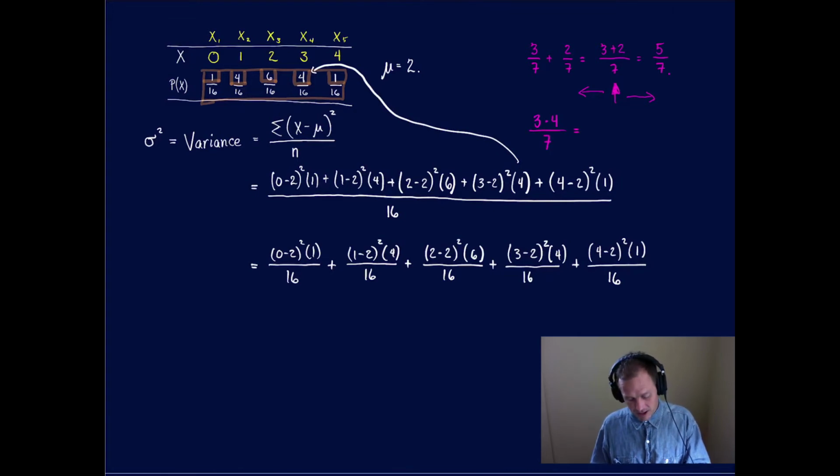Now this is where it's a little different than adding. I can say this is the same as 3 over 1 times 4 over 7, because 3 times 4 is just this numerator, and 1 times 7 down here in the denominator is going to give me 7. Well, 3 over 1 is just 3, so I could write that as 3 times 4 sevenths.